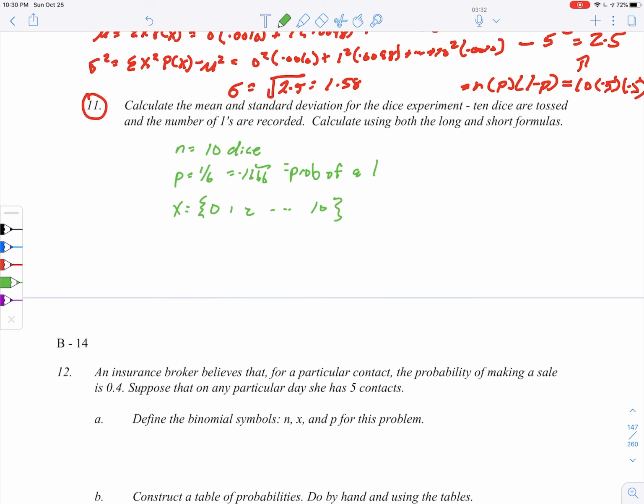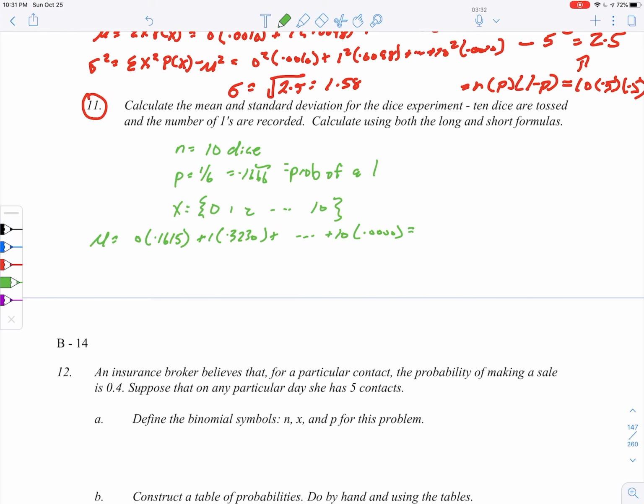So now let's take a look at the dice experiment. What we've got is the mean is equal to 0 times 0.1615, and I get those from the probabilities that we calculated by hand, and also you can do that by using a binomial dist function in Excel, plus 1 times 0.3230, all the way up to 10 times, well, it looks like 0, but that's to 4 decimal places.